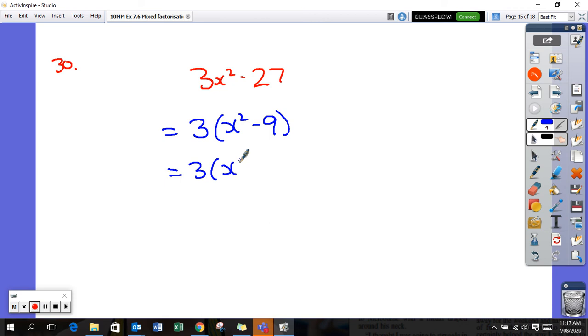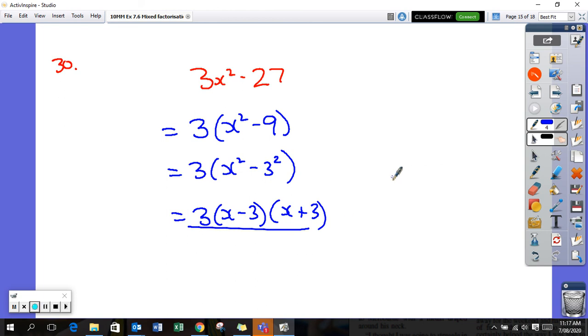So now we've got a difference of two squares, x squared minus 3 squared. So inside the bracket, this is going to be x minus 3 times x plus 3. So we go 3 bracket x minus 3 bracket x plus 3, and that's our factorised answer.